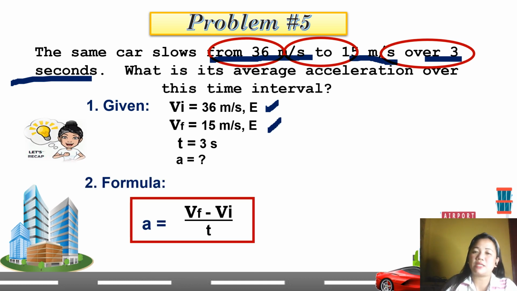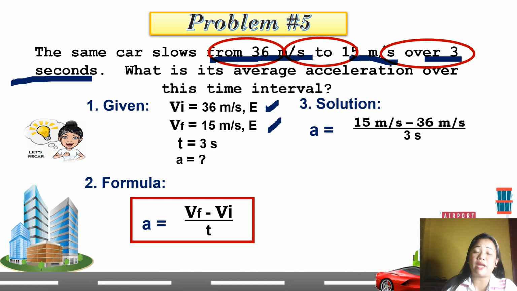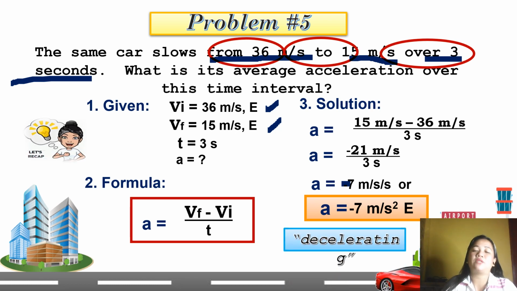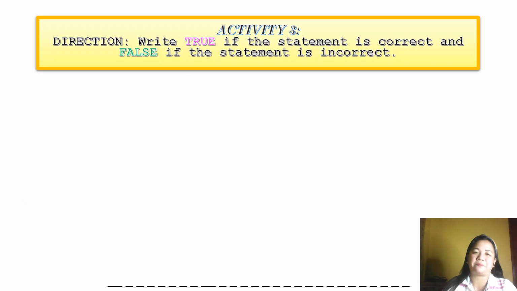Our time is 3 seconds. So we're going to subtract VF minus VI. So, negative 21 divided by 3 seconds. Our answer is negative 7 meter per second squared. Since ito ay may negative na, ibig sabihin yan, the object is decelerating or slowing down.